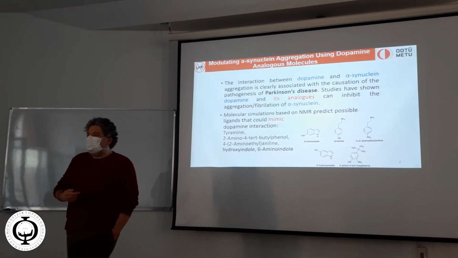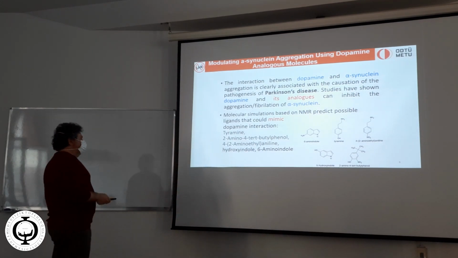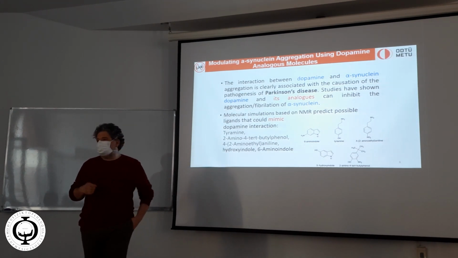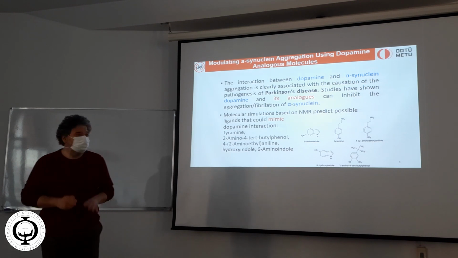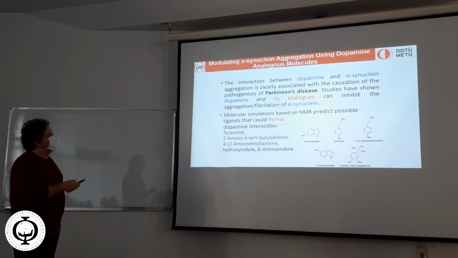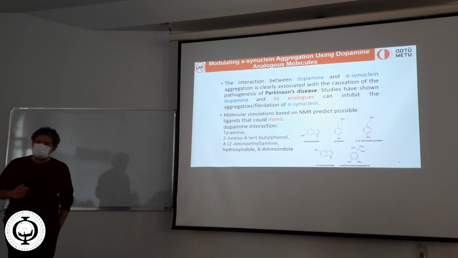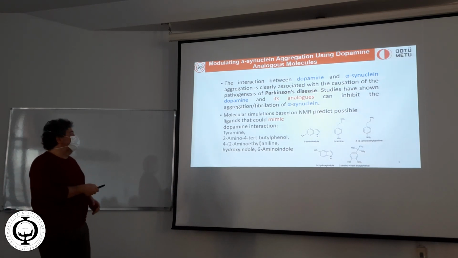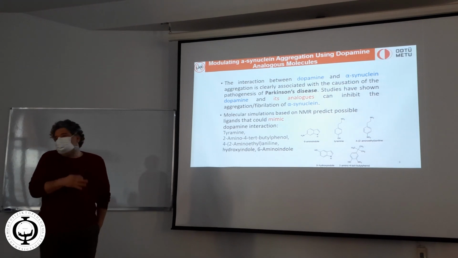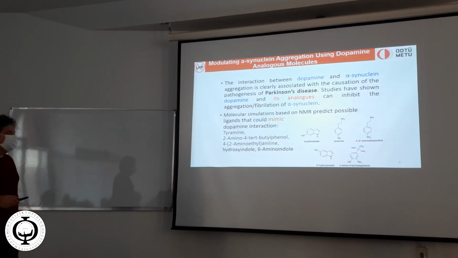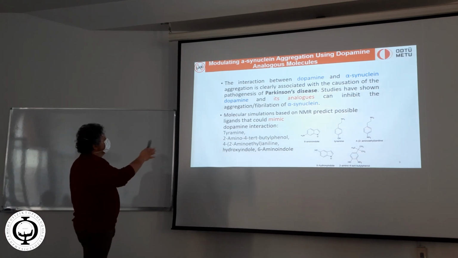So in that sense, dopamine is found to regulate the alpha-synuclein fibrillation mechanism. It is found naturally because dopamine is everywhere in the brain. All the neurons express dopamine and many other hormones likewise.